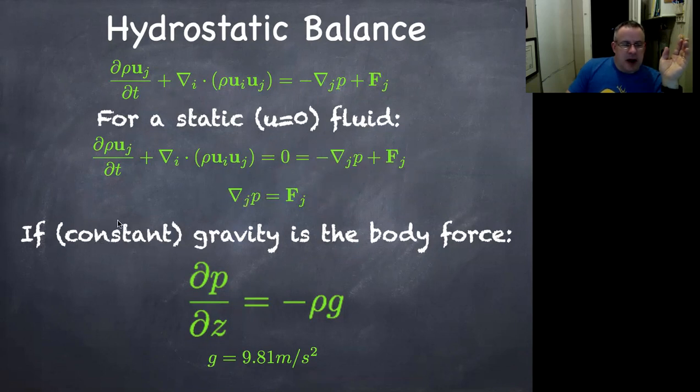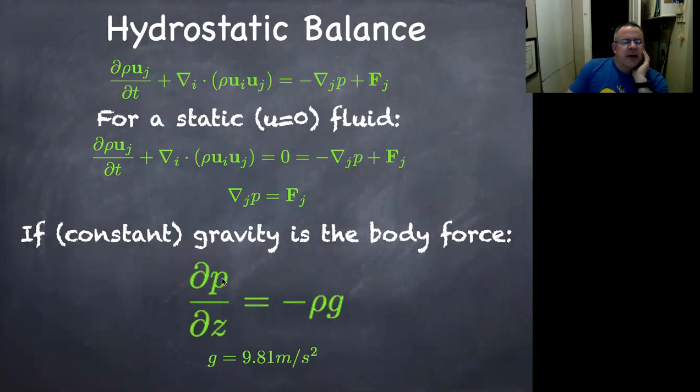If there is a constant gravitational acceleration as the body force, then we just get this equation. So the only direction is the vertical direction. Rho g is the constant gravitational acceleration acting on the mass per unit volume, divided by rho. That's rho g, and it's downward, so minus. So dp/dz equals minus rho g, where g is our regular old 9.81 meters per second squared that we're used to.